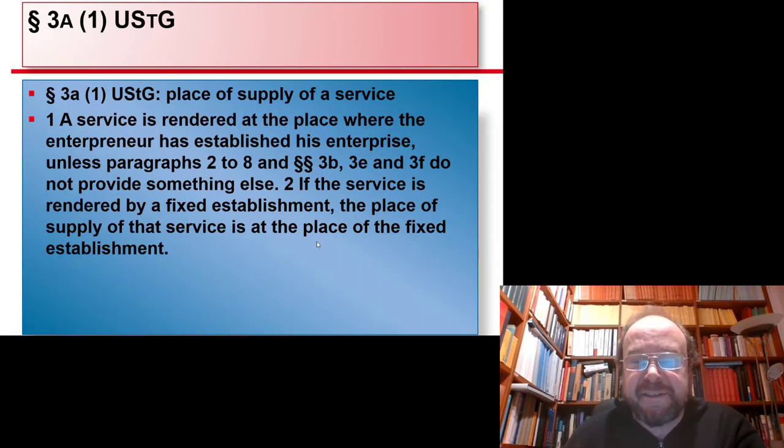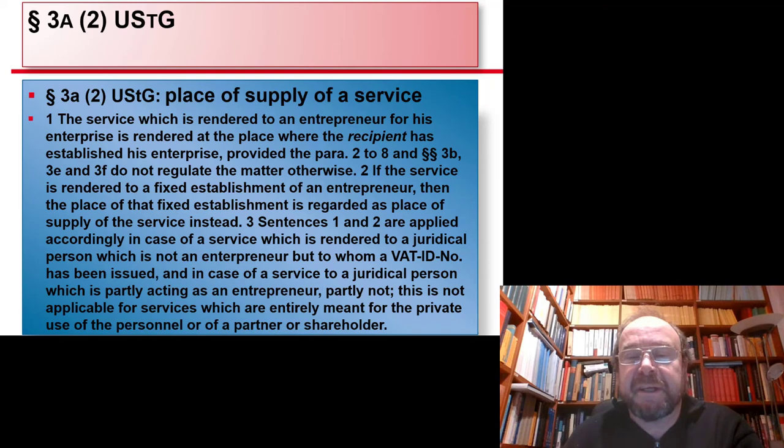So, this here is just to give you a short or more lengthy overview about what the rules for the place of a service are. There are two basic rules, 3A1 and 3A2. 3A1 applies if you have a private customer. 3A2 if your customer is an enterprise or has a status which is equivalent to an enterprise somewhere in the EU.